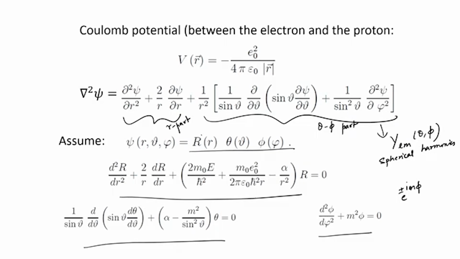We do not go into details of the solution. The theta and phi parts put together correspond to the Y L M or the spherical harmonics, and we just have to multiply the Laguerre polynomials with the spherical harmonics in order to get the different bound state eigenfunctions for the problem.